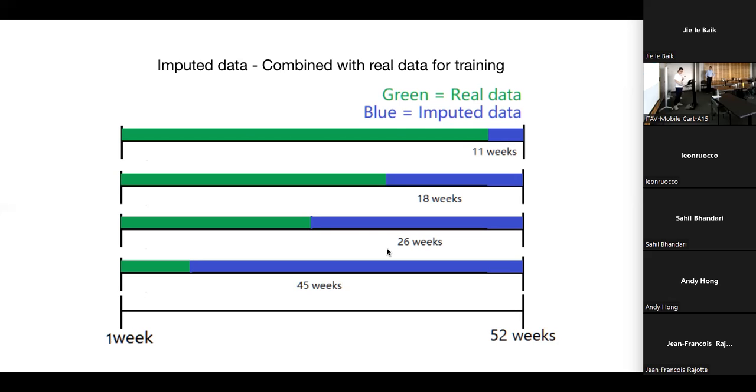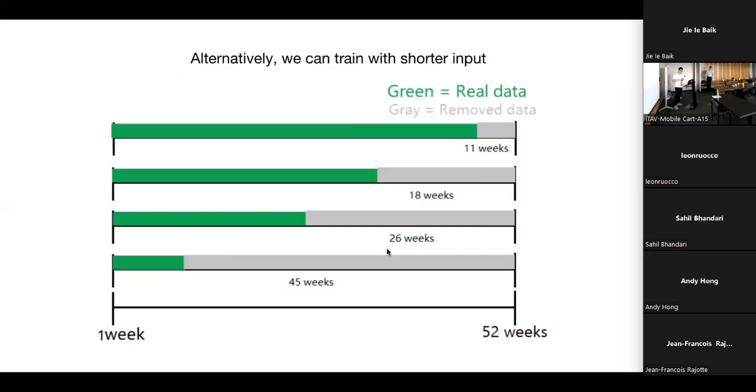And another way to do this is that we can remove some data. We do not impute data, we just remove it. Because in our case, as Duncan just mentioned, our model can actually accept variable lengths of data.